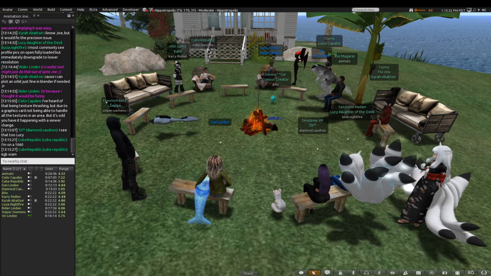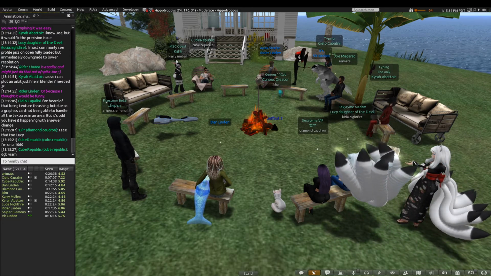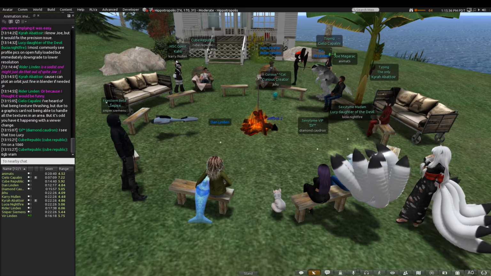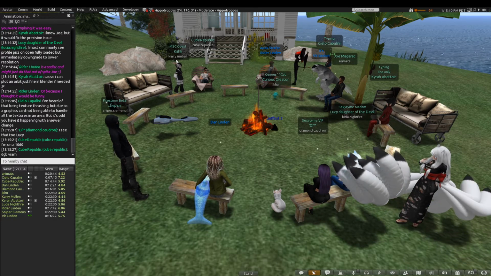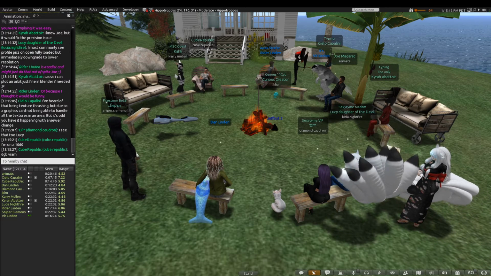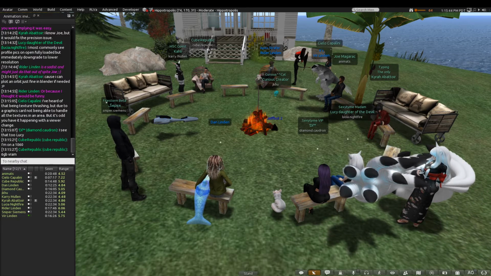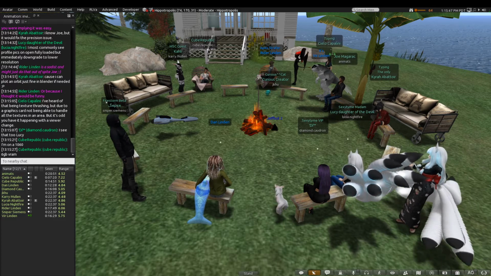If you're up against the limit of how much texture memory the viewer wants to be taking up, I think you're probably going to run into more issues with textures getting kind of stomped down because of that.